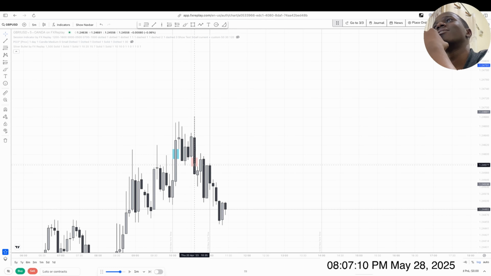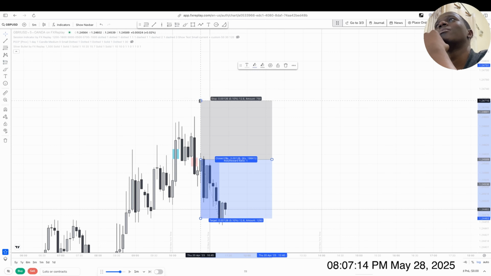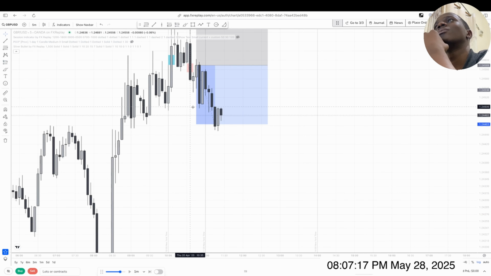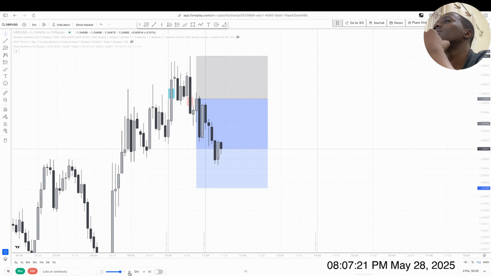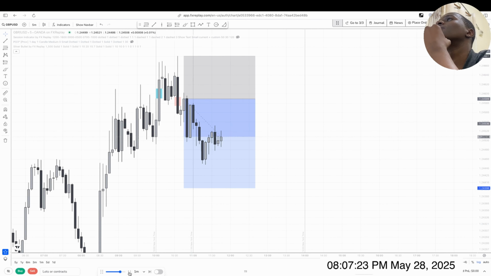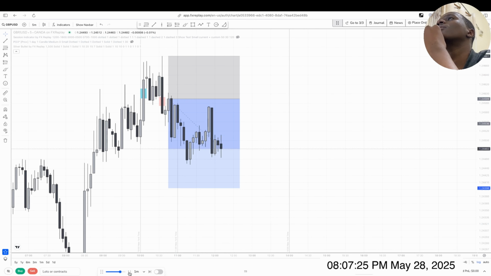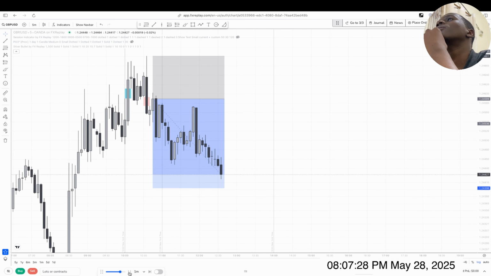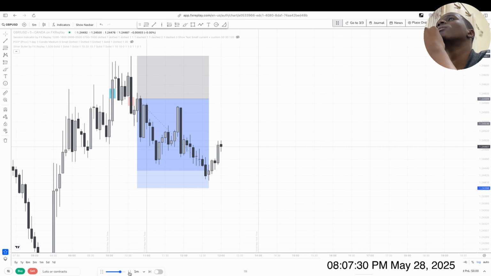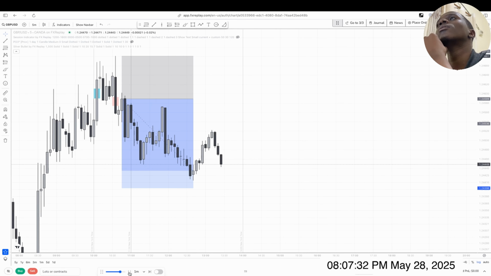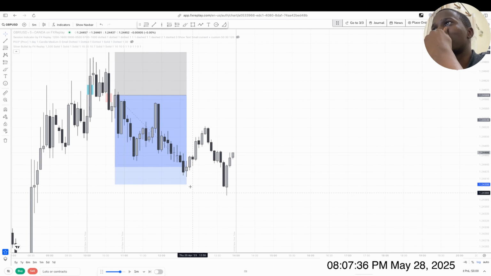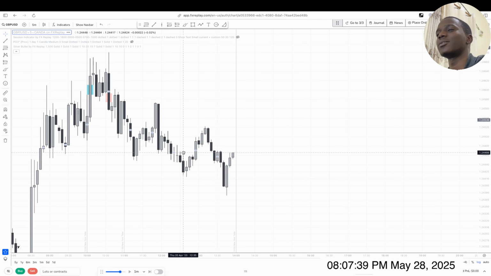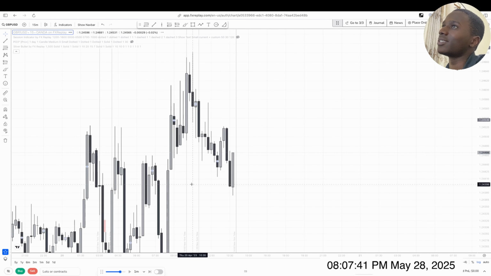Like after this shift right here in the market, one takes a sell off of this gap, stop loss here, and targets a 1 to 2. Yeah, it ends up hitting take profit, because on the higher time frame you can see that we wanted to reach the fair value gap.